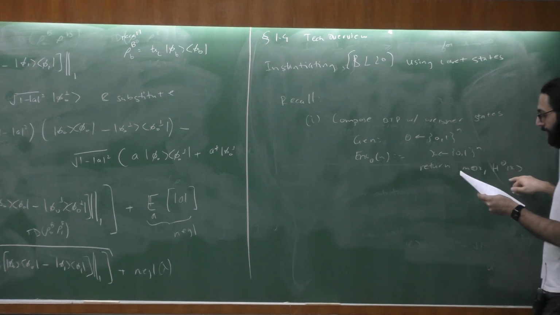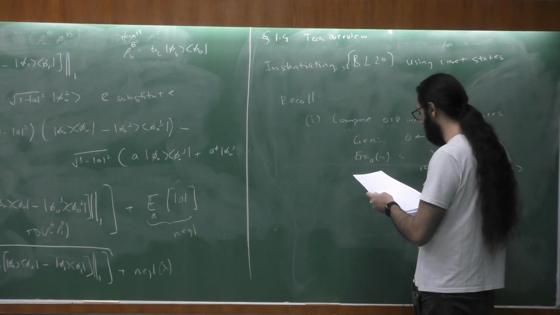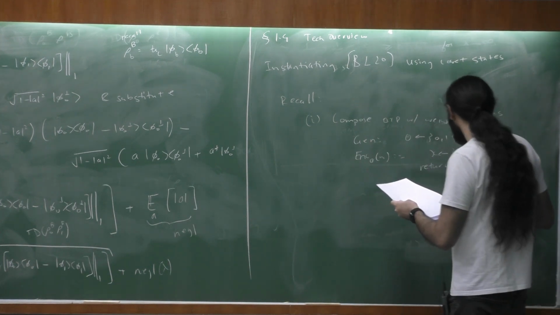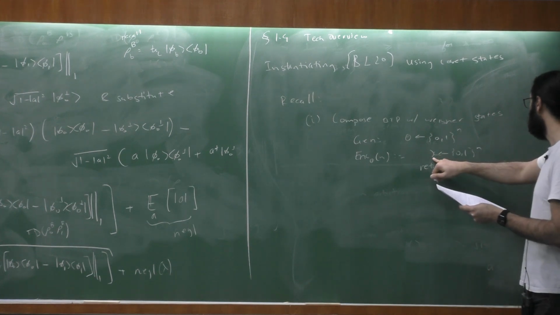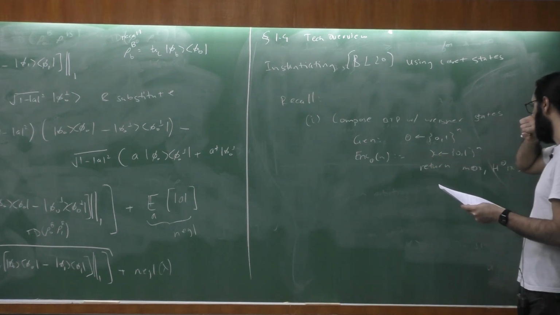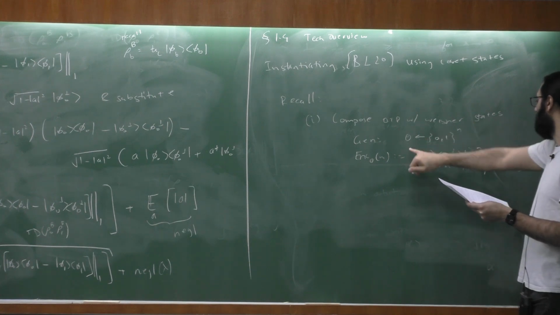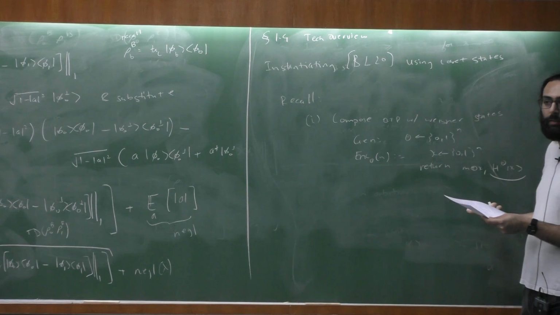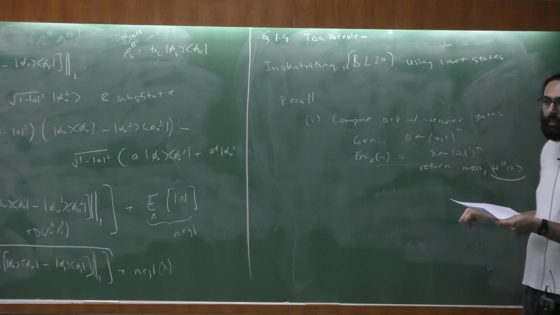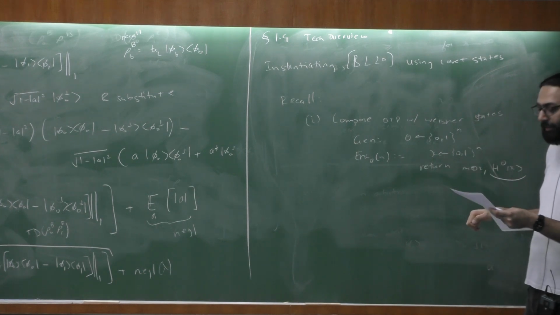This is what we had done. The intuition was that if you do not know theta, then you cannot send this state to two parties, such that when they get theta later, they can recover the state.